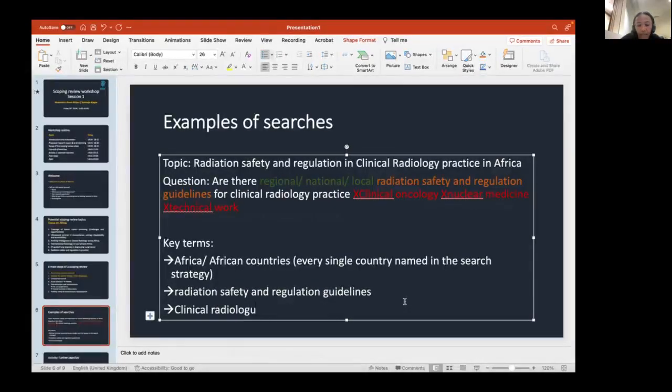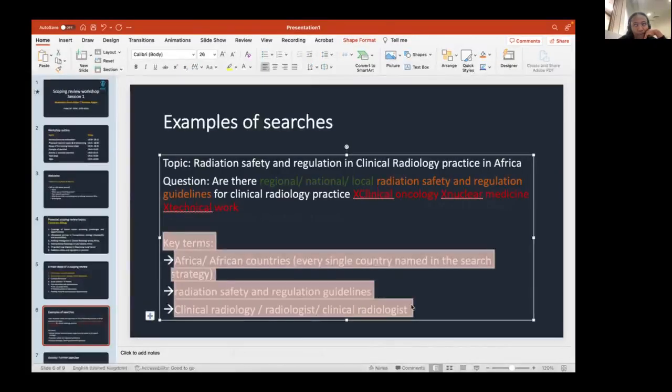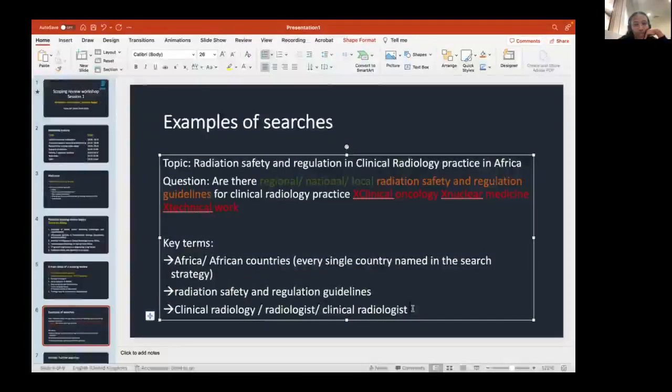So this is something like words like radiologists, clinical radiologists. And basically that would conclude our main key term searches.